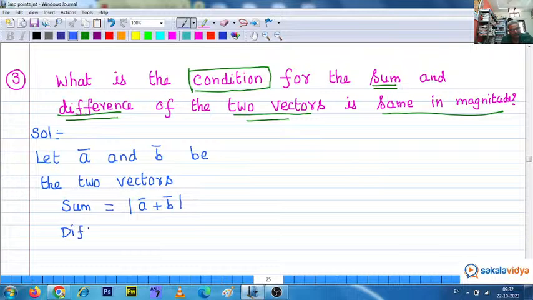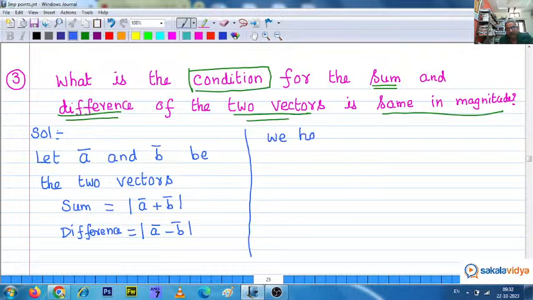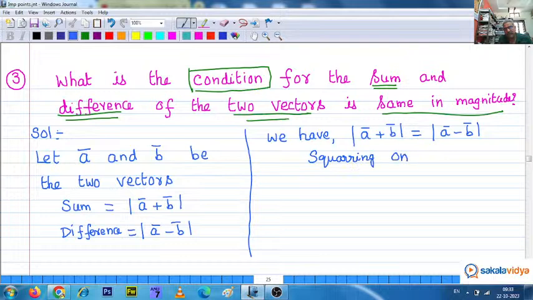Difference of the magnitudes, you need to consider like this, modulus of A bar minus B bar. What is given according to the problem? We have modulus of A bar plus B bar is equal to modulus of A bar minus B bar. As these two are being equated, we need to establish a relation. So now what shall we do here? Squaring on both sides.